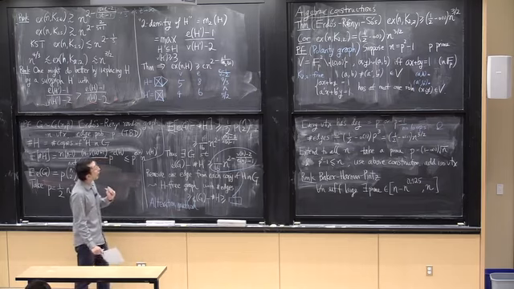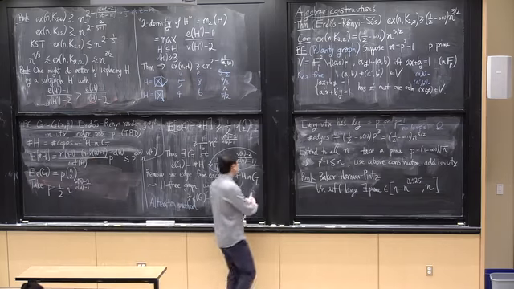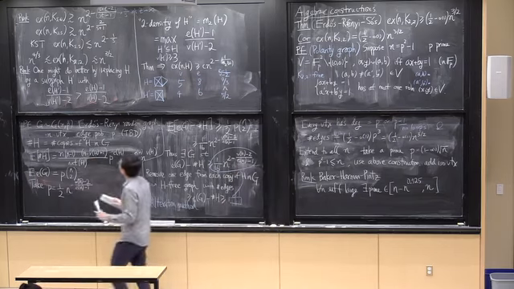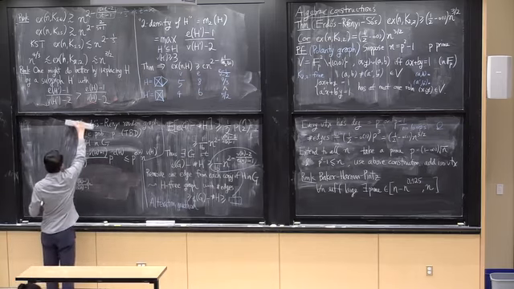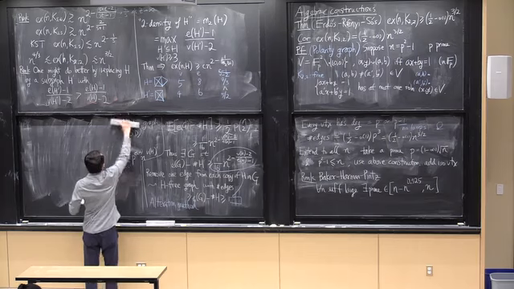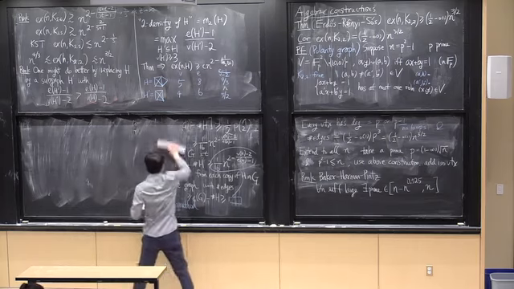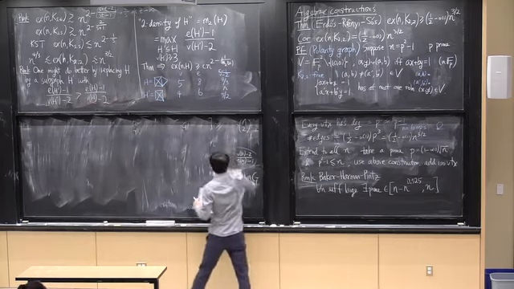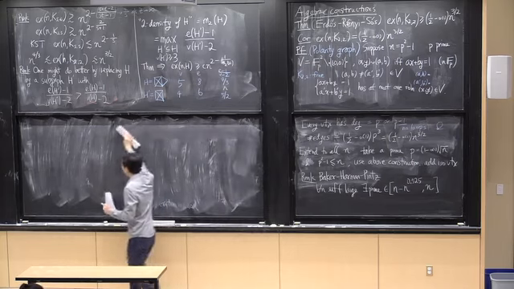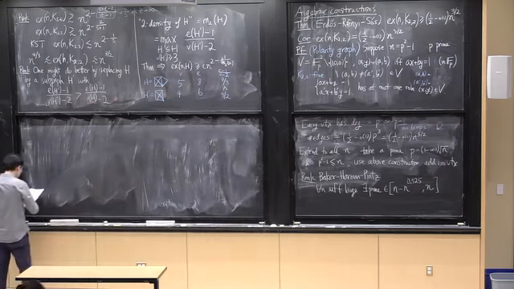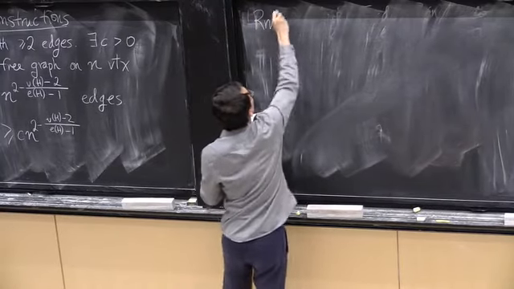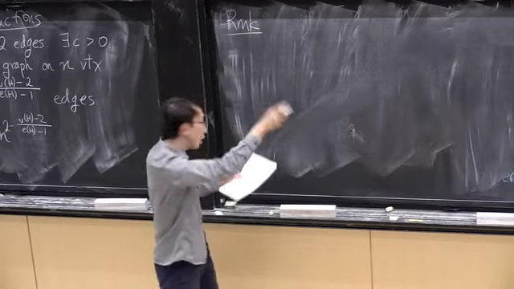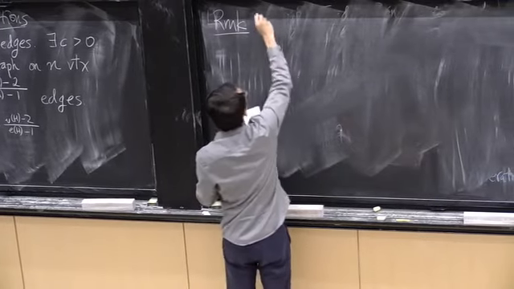Let me show you an interpretation of that construction, which I think is maybe helpful to think about. You can view it as the incidence graph between points and lines in a projective plane. So I start with a projective plane, and I can view a bipartite version of that construction.